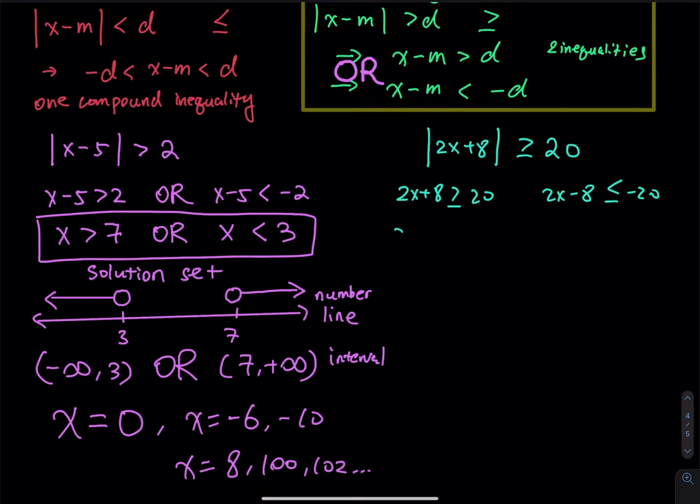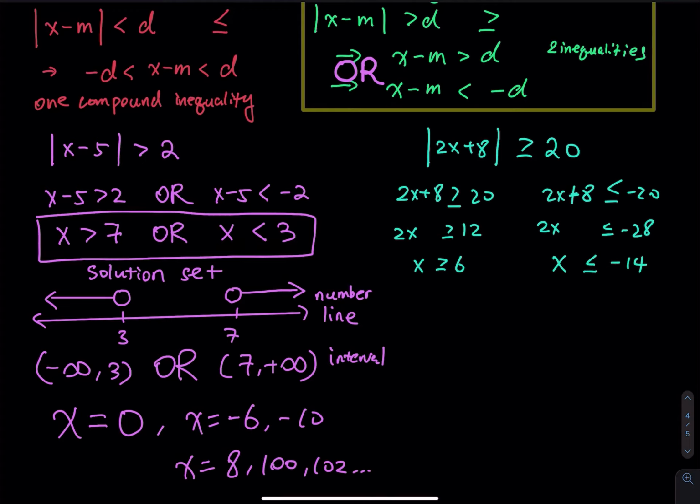Subtract 8 on both sides, 20 minus 8, divide both sides by 2. And then on the other side, we have 2x, negative 20, subtract 8 on both sides, negative 20 minus 8, negative 28, and then divide 2 on both sides, x is less than or equal to negative 14.